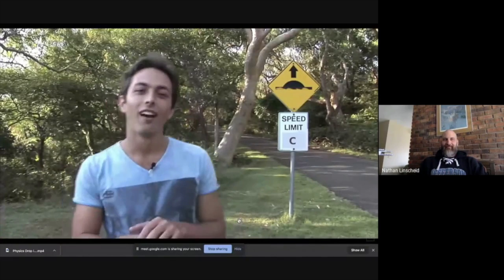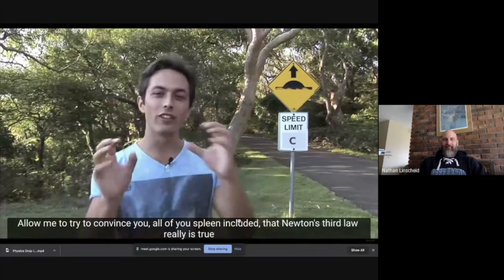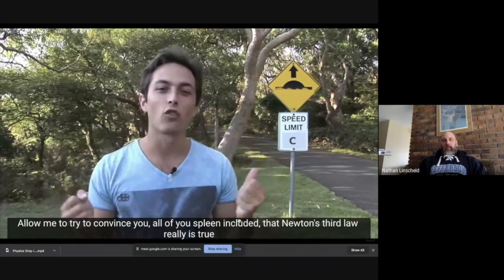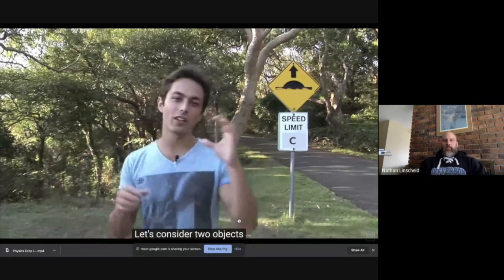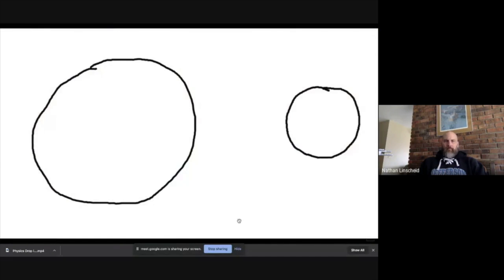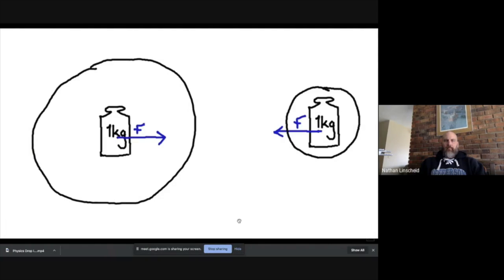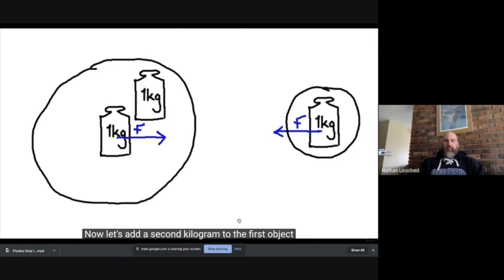So, allow me to try to convince you, all of you, spleen included, that Newton's third law really is true. Let's consider two objects. Initially, they have the same mass, 1 kilogram each. So obviously, the gravitational force of attraction must be the same on both of the objects. Now let's add a second kilogram to the first object.